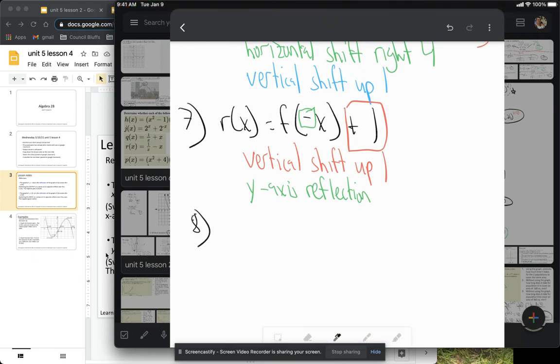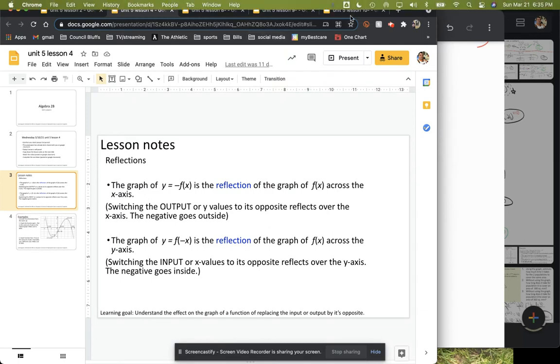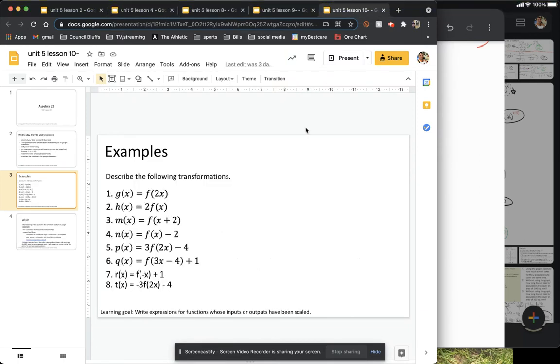Number 8, we're down to the last one. All right, so number 8 is t of x equals negative 3 f of 2x minus 4. Okay, so let's think about this one here. This one we have several going on. I have the minus 4, I have the 2, I have the 3, but I also have that negative.